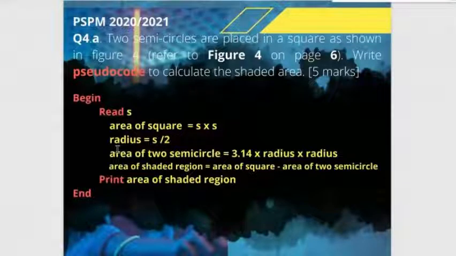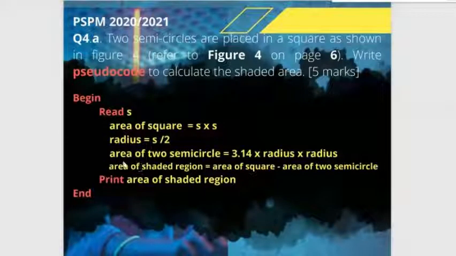All right. So now, area of two semicircles we have already calculated. So what happened is, we want to answer the question. The question asks to calculate the shaded area. So you can use this name or shaded area, no problem. Okay, area of shaded region equal to area of square minus area of two semicircles.